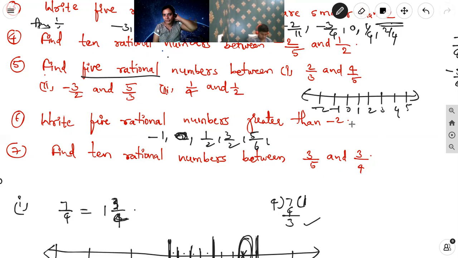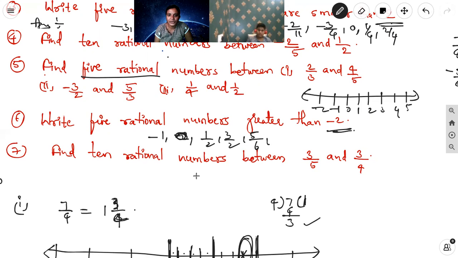Whatever fraction you want to write, you can write it. No worries about it. Or simply you can write minus 1, 0, 1, 2, 3, which are also rational numbers only. If you want to write in fraction, you can write any number in fraction, but put the positive sign. Each and every positive number is greater than minus 2 only.